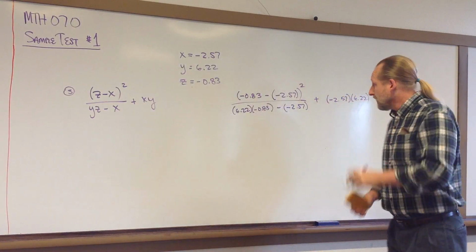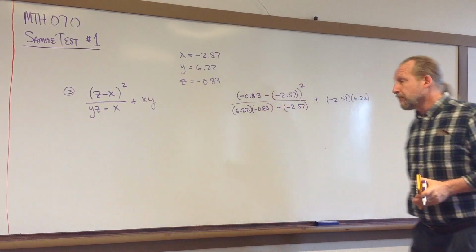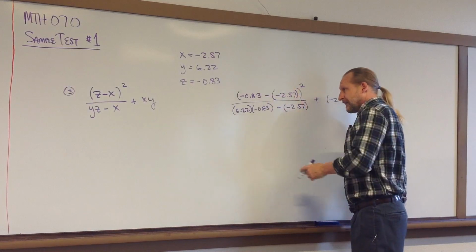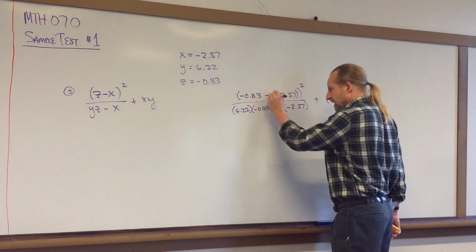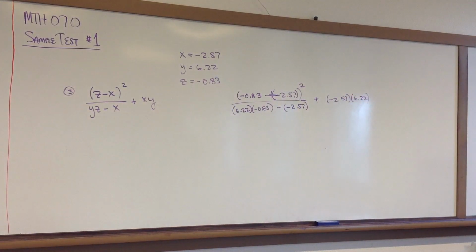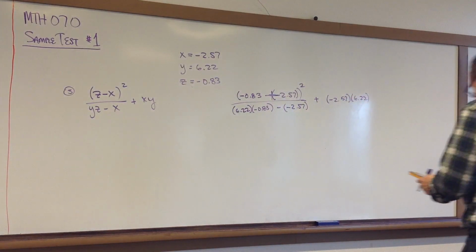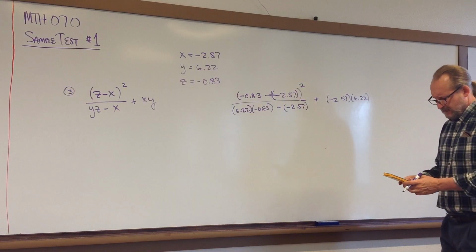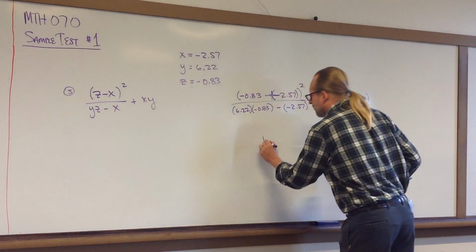It doesn't matter whether we start on the top or the bottom, but we need to do some simplifying. Here, we'll start inside the parentheses. This negative and negative make a positive. So negative 0.83 plus 2.57, 1.74.